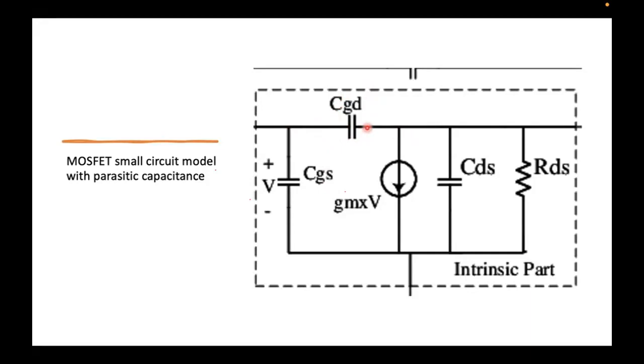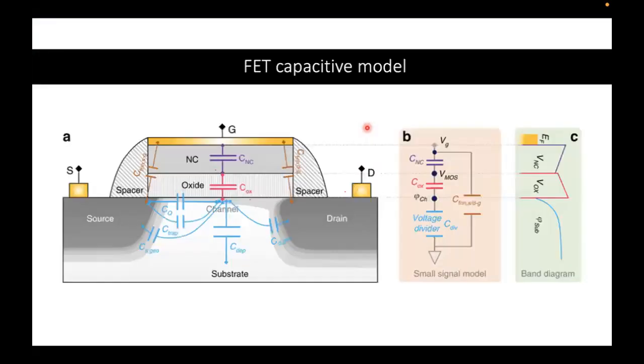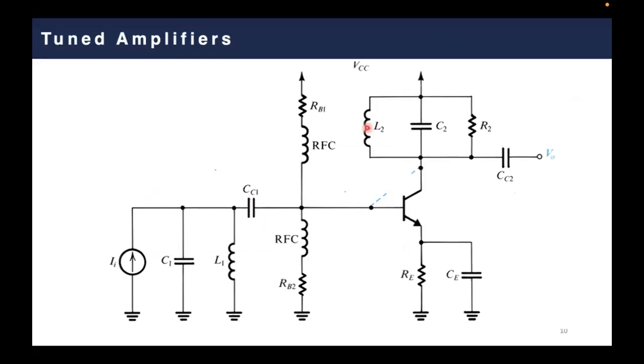Another important topology where we can implement our tuned amplifier is not only using MOSFETs, but we can also implement our amplifiers using a bipolar junction transistor.